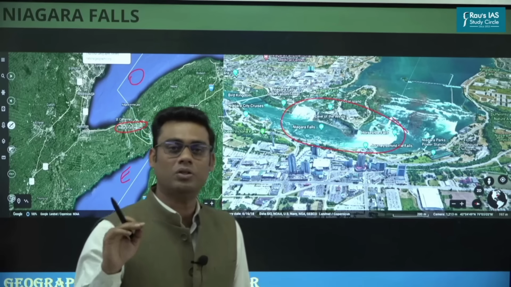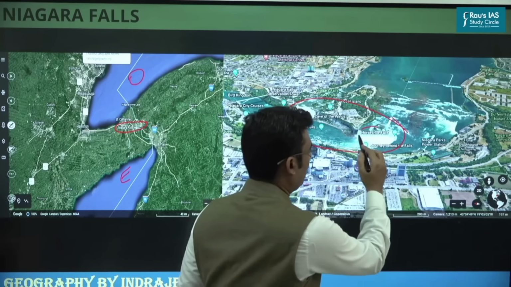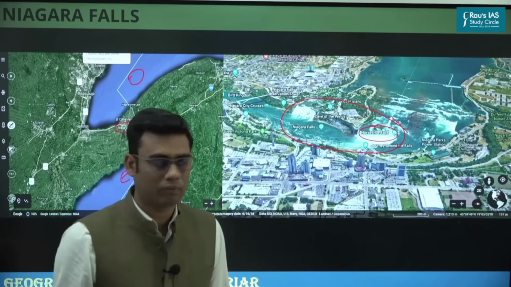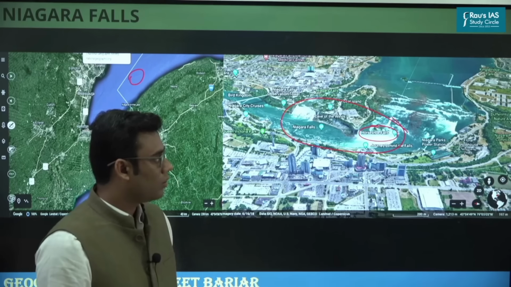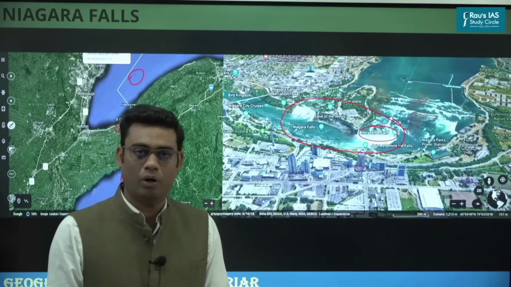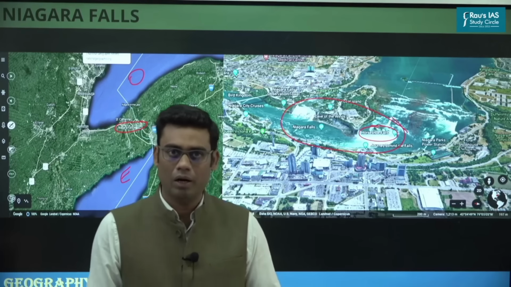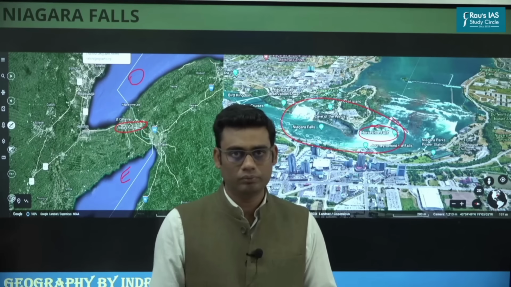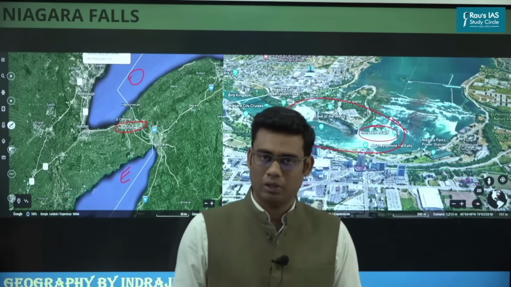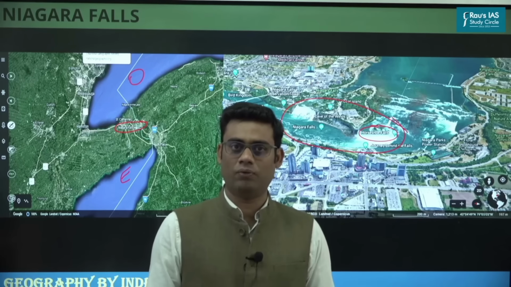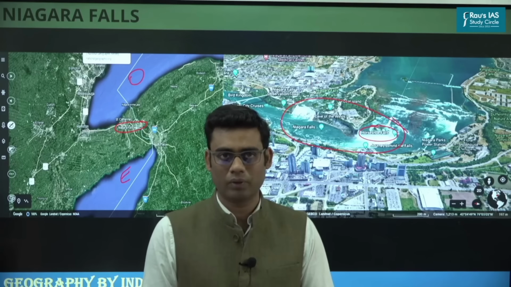But the most important waterfall of Niagara Falls is called Horseshoe Fall. So Horseshoe Fall is the most important fall of Niagara Falls, and Niagara Falls is located between Lake Erie and Lake Ontario. So this is what constitutes the Great Lakes system of North America, comprising 5 lakes.